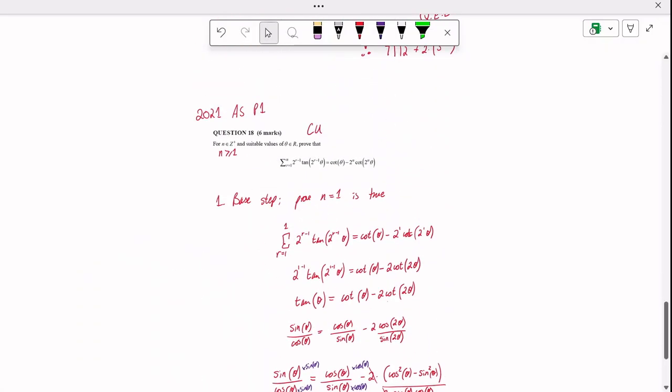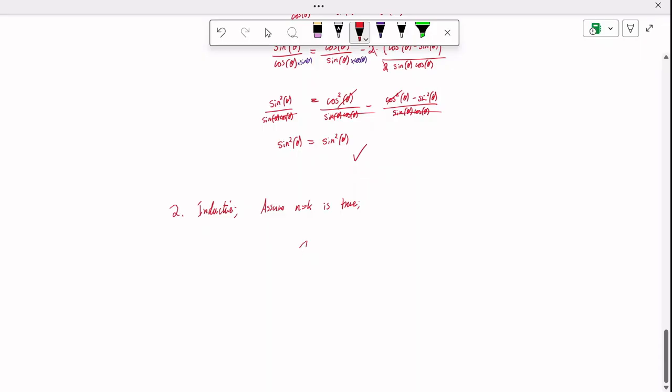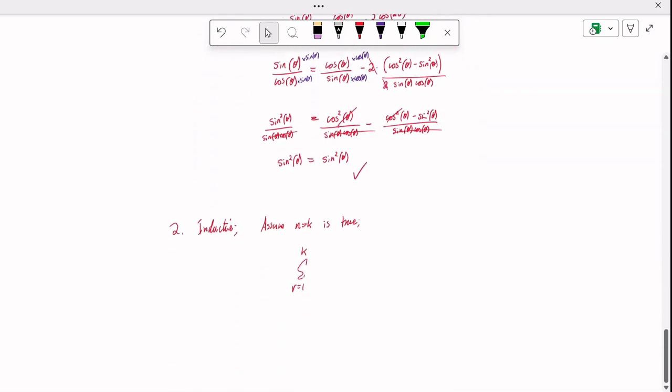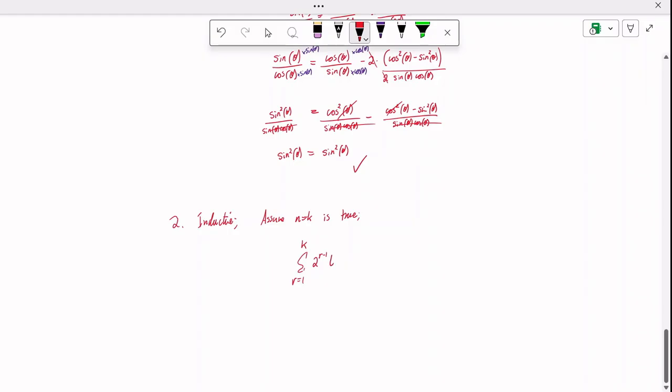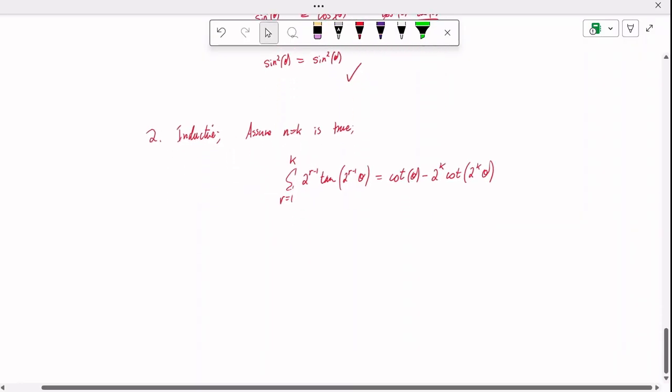That's going to look like the sum from r equals 1 up to k of 2 to the r take 1 tan of 2 to the r take 1 theta equals cot theta take 2 to the k cot of 2 to the k theta. That's my inductive step done.